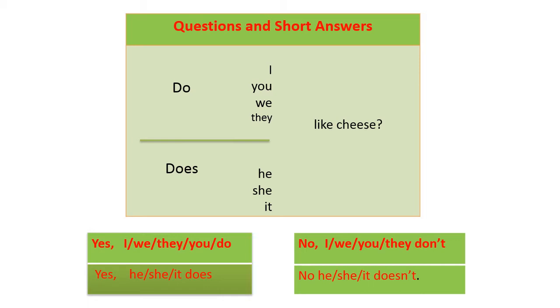The answer will be yes, I, we, they, you do, or no, I, we, you, they don't. Yes, he, she, it does. No, he, she, it doesn't. So with I, we, you, they, we use do. He, she, it, we use does.